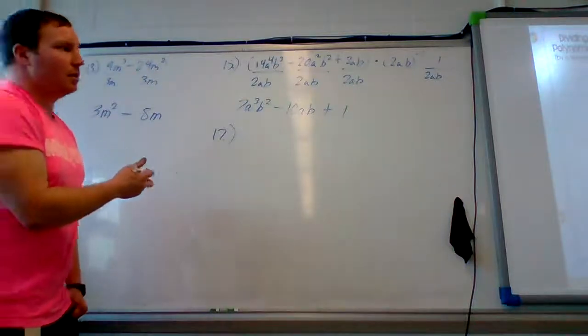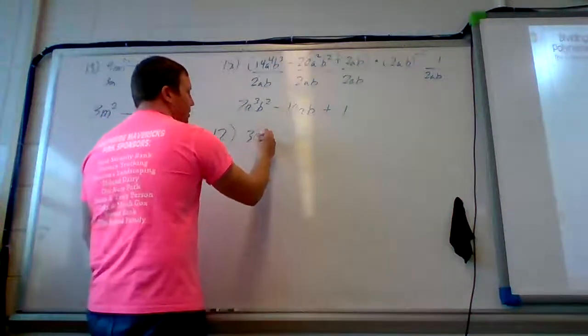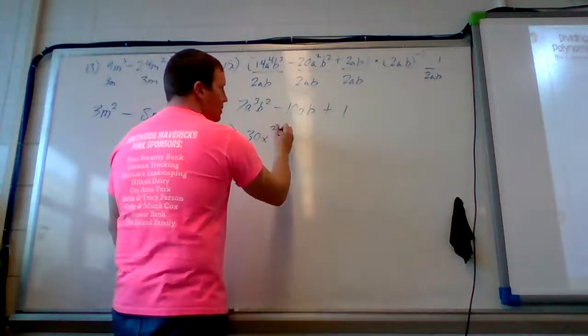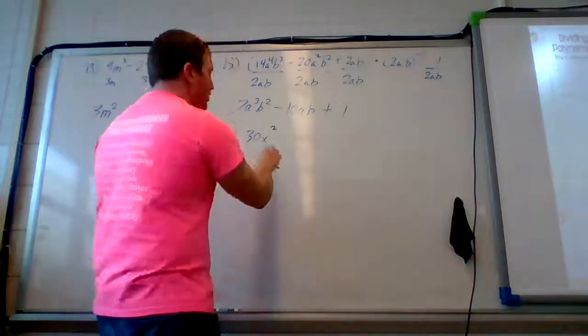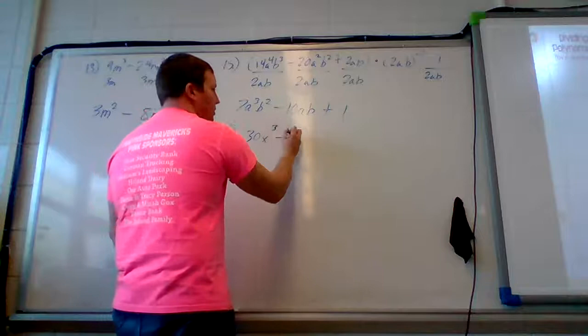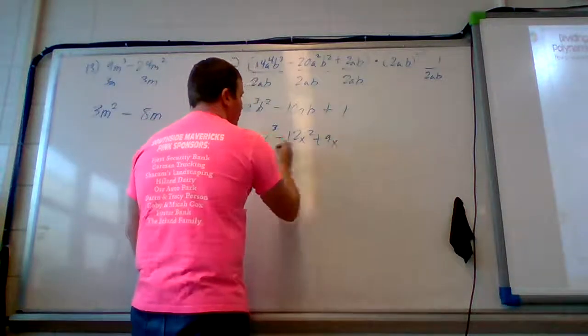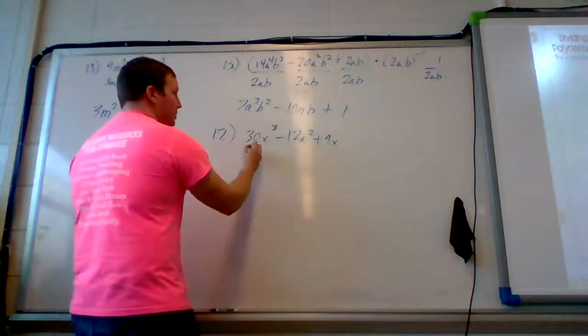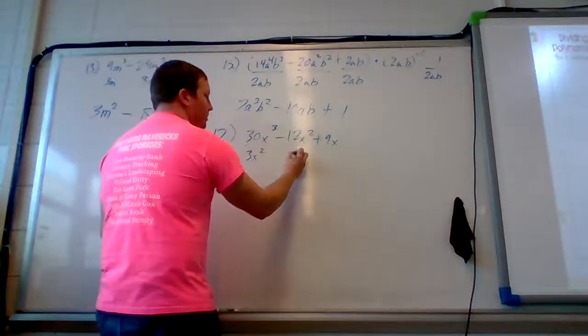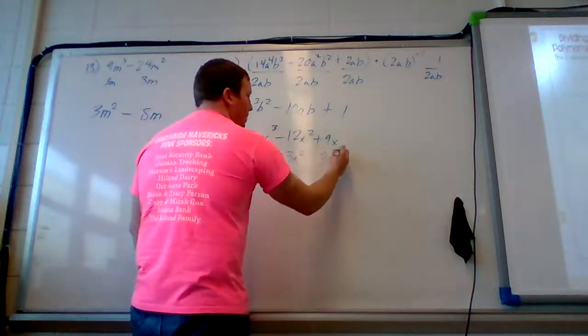So number 17, we've got 30x cubed minus 12x squared plus 9x, all over 3x squared. So again, I'm just going to go ahead and distribute that 3x squared to each.